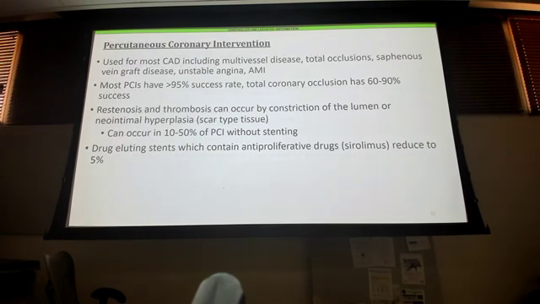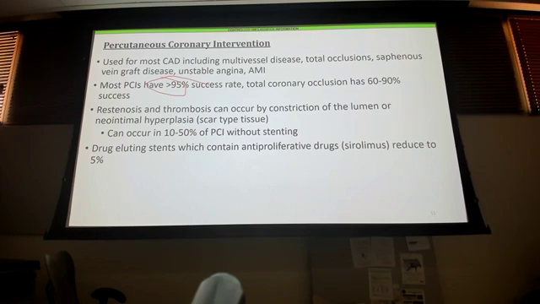And the reason we like PCI over things like coronary artery bypass grafting is PCI in and of itself, if you don't have extensive disease, tends to be greater than 95% effective at addressing that perfusion deficit. And it is much less invasive than a coronary artery bypass graft is. Okay.